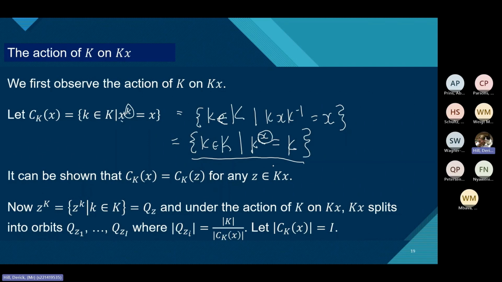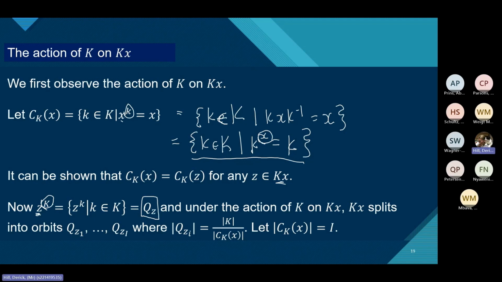Now we can show that CK(x) equals CK(z) for any z in Kx, and now we say that the action of K on z, where z is in Kx, acts on the elements of Kx, and when we act K on these elements of Kx, we get an orbit which we are going to call Qz.